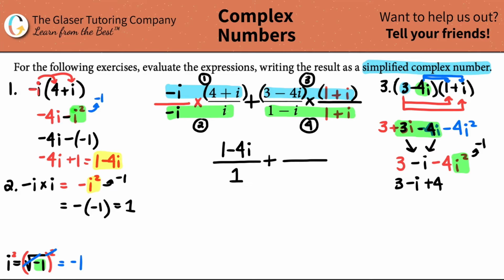And then we just clean it up. 3 plus 4 is a 7. So this would be 7 minus i. And that is the answer for 3. So I know that that has to go on top of my numerator here. So 7 minus i.